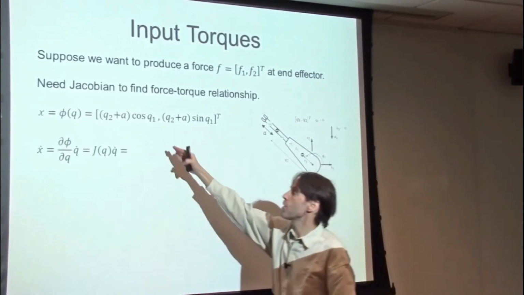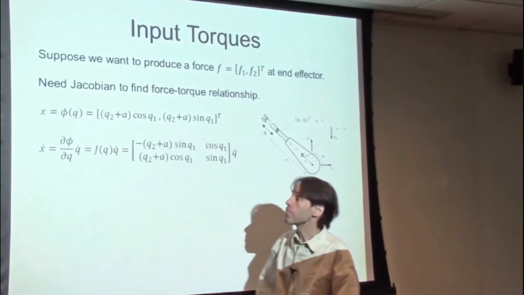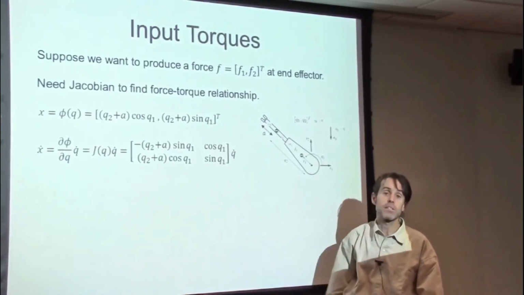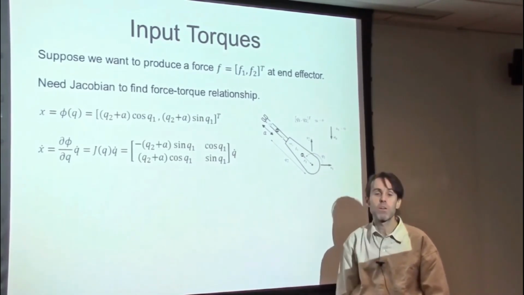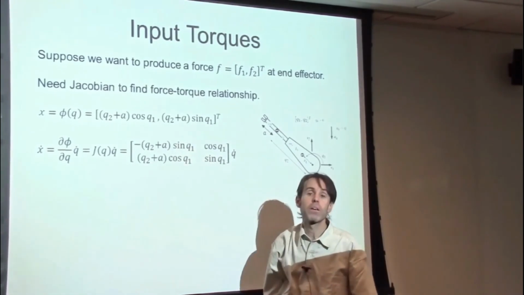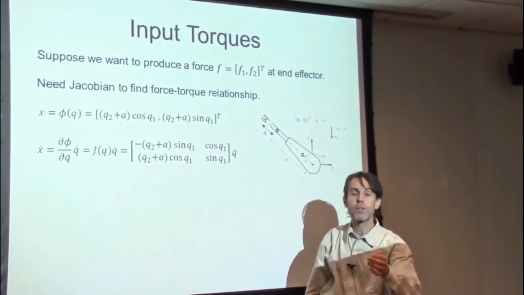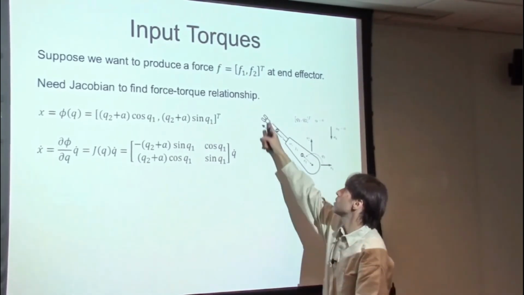We then differentiate the forward kinematic map. That's what gives us our Jacobian. And the resulting Jacobian has this form, which I think should be somewhat familiar to you. Remember, a column of the Jacobian corresponds to the contribution of that corresponding degree of freedom's velocity to the end effector velocity.